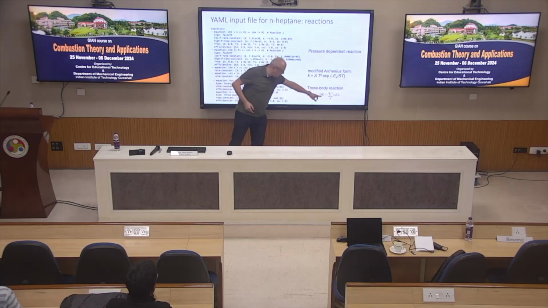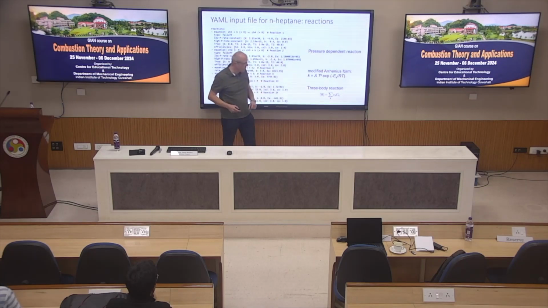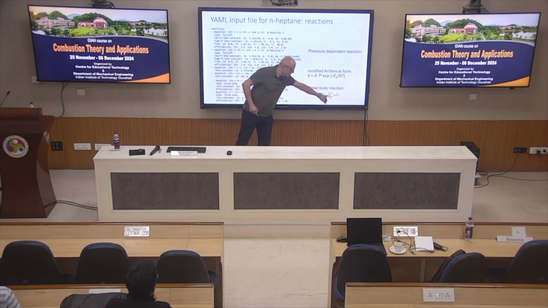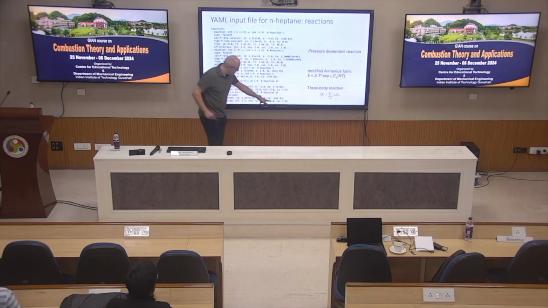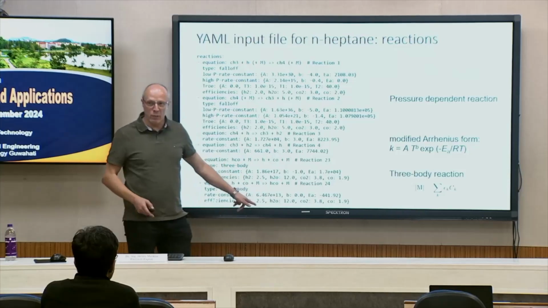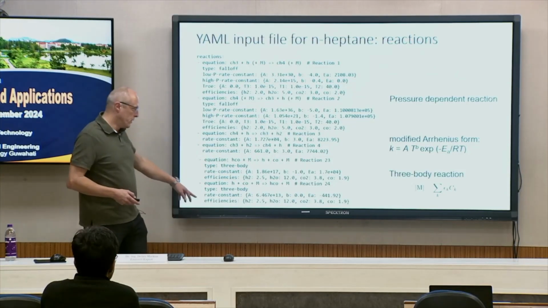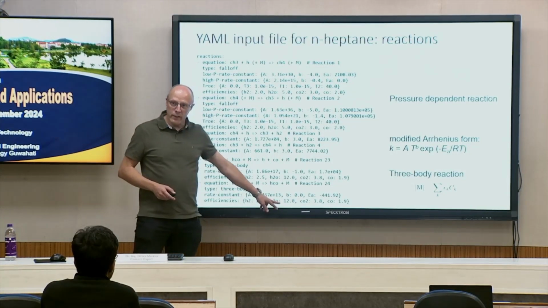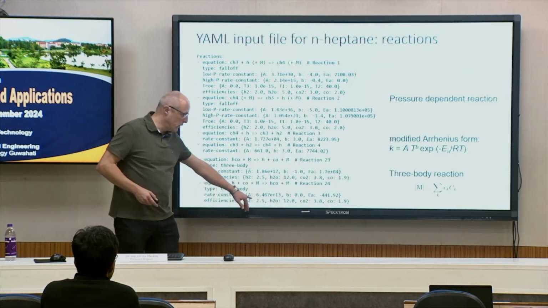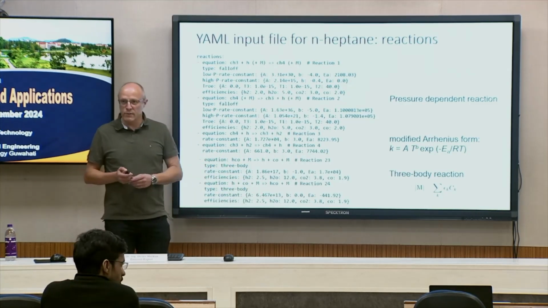So the total concentration of M you use in your equation is the sum of the concentrations of the species in the specific volume and the efficiency. The efficiency is given here by the numbers. So water is a very effective collider, and hydrogen not so effective.